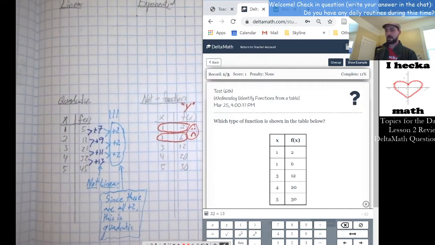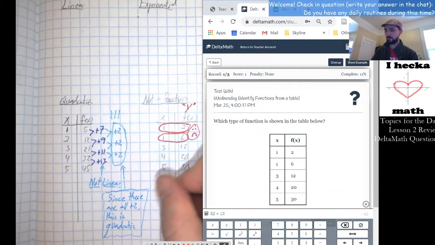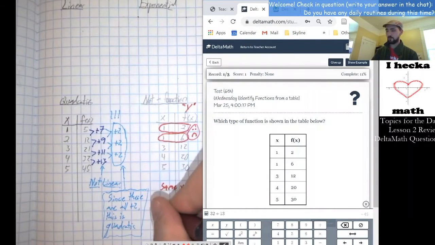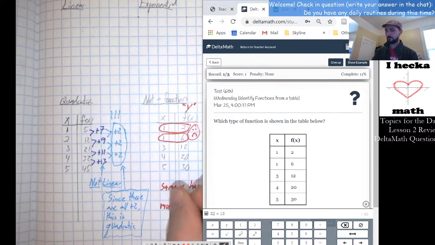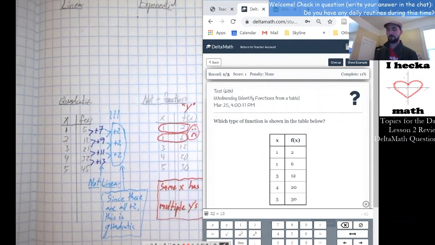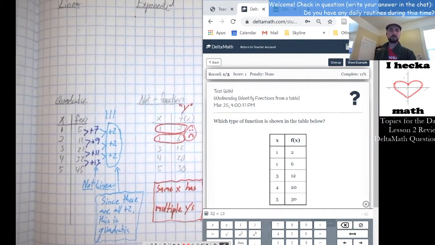And so when that happens, when the same x has multiple y's, we know it's not going to be a function. That's it. But notice, to do this, you have to pay attention to the x's, right?